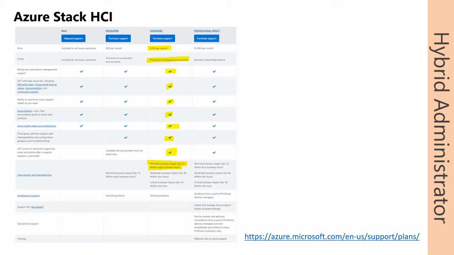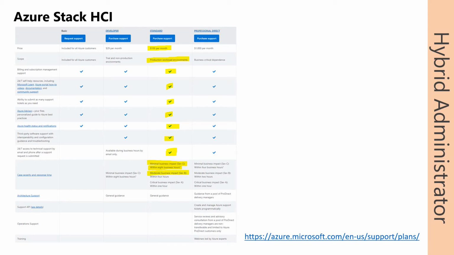So maybe I have some timeouts in Windows Admin Center when I'm accessing the Azure Stack HCI cluster, but my complete workload is running. Everything is there. I have not really a business impact, but I don't feel good because of these timeouts. I can contact the Azure support, if I have this support plan, and they will react within 8 hours because of this severity C.